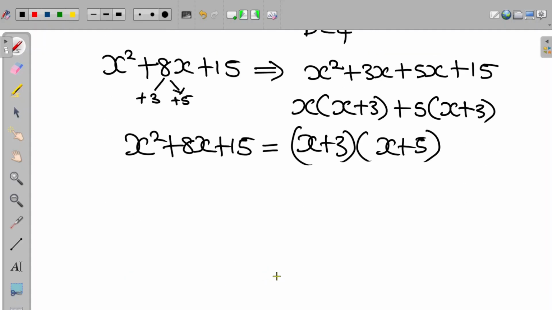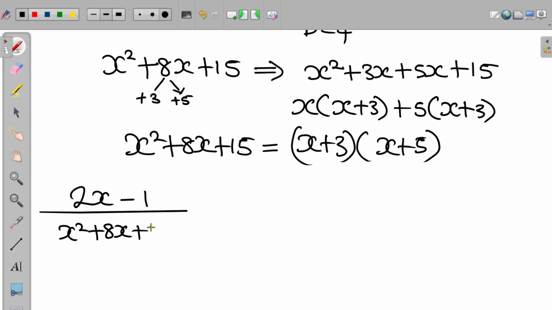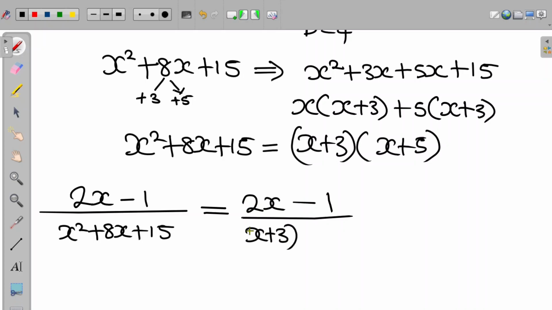So therefore, it follows that 2x minus 1 all divided by x squared plus 8x plus 15 can also be written as 2x minus 1 all divided by x plus 3 and x plus 5.